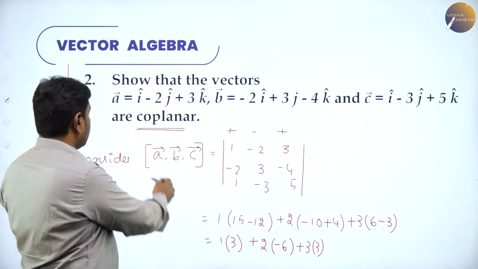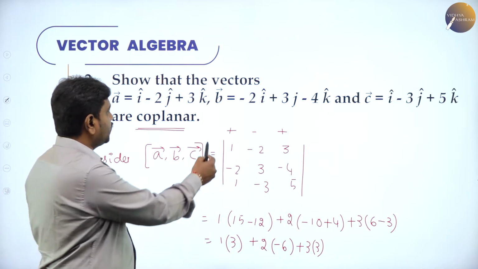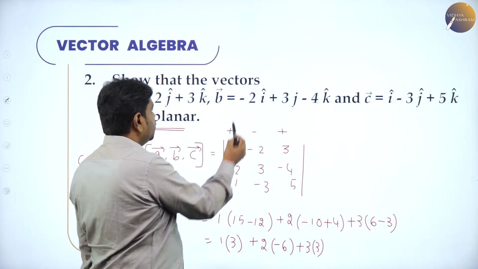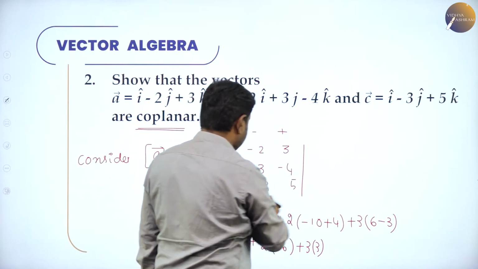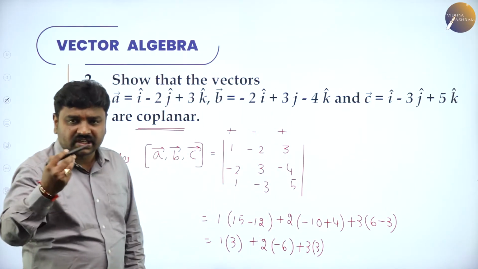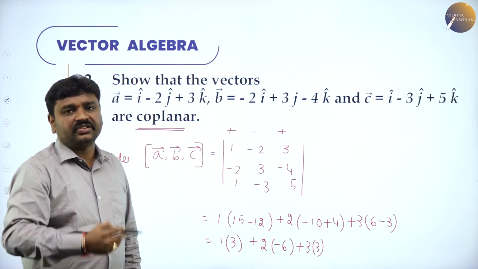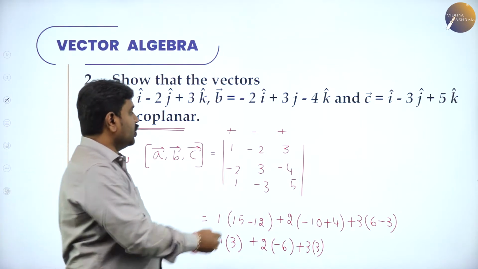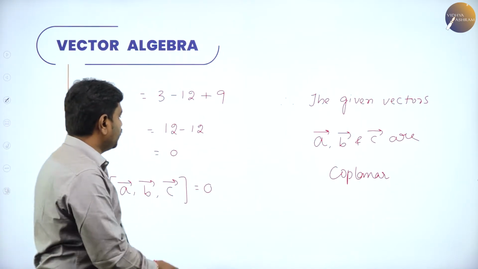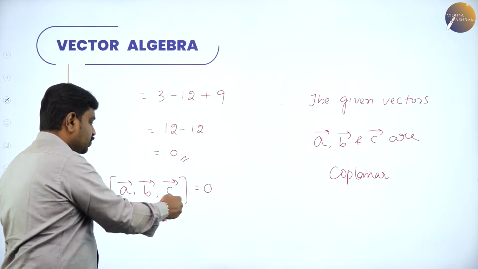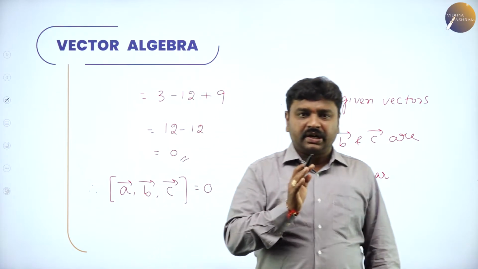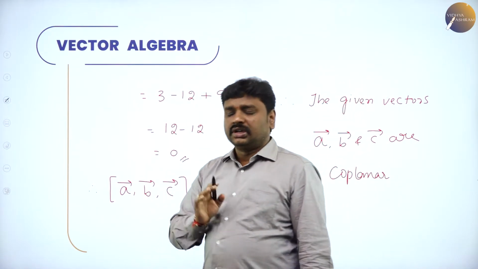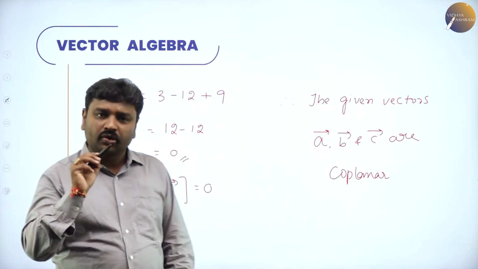Box product means first row vector A coefficients, second row vector B coefficients, third row vector C coefficients, and expand the 3 cross 3 determinant. In the chapter matrices and determinants you know how to expand 3 cross 3. When you expand you will get exactly 0. Since the box product of the 3 vectors is 0, they are coplanar.